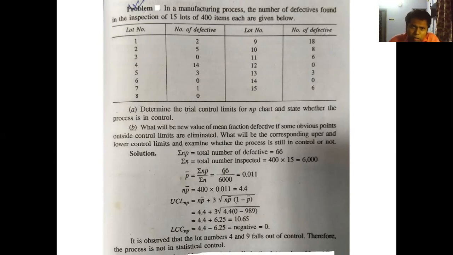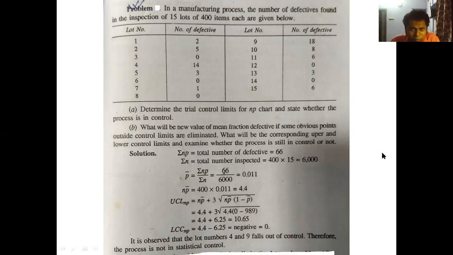But simply speaking, the formula for the NP chart is also given. So you can use the NP chart and plot your curves, but you can also use your P chart as well. You can solve this problem using the P chart.